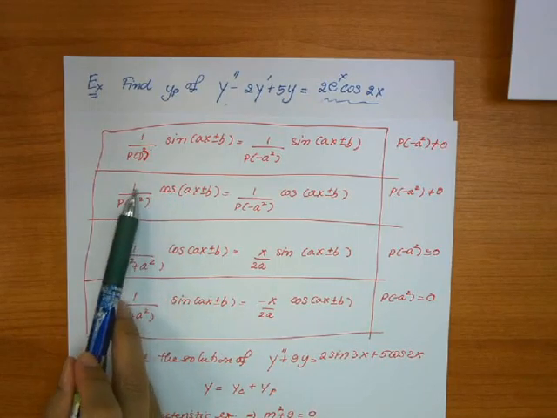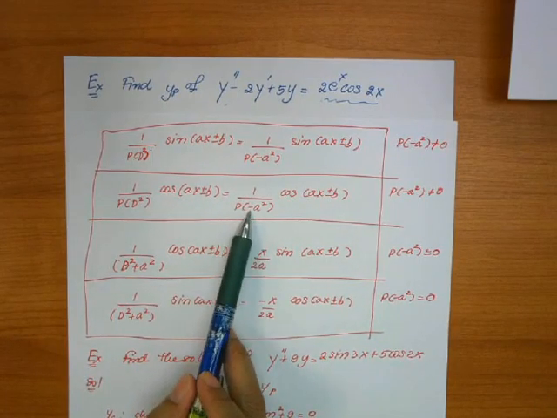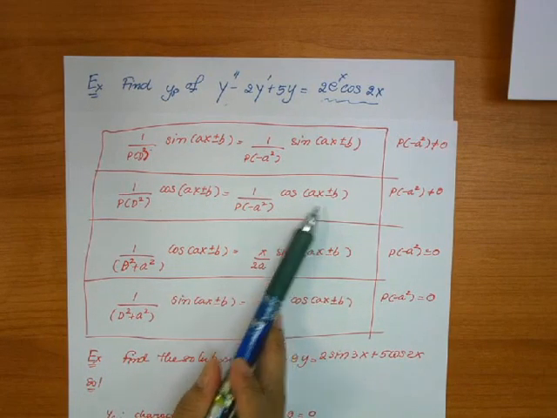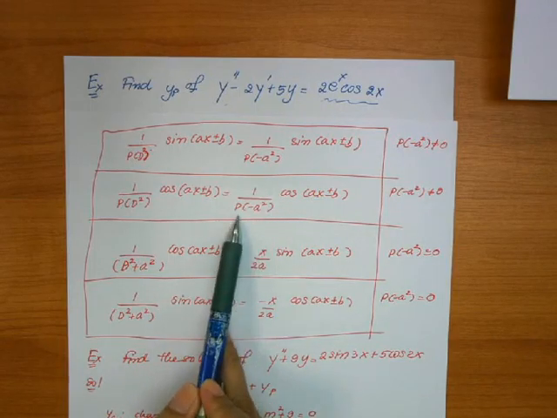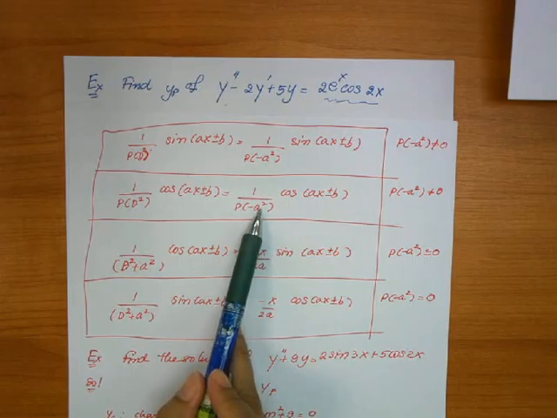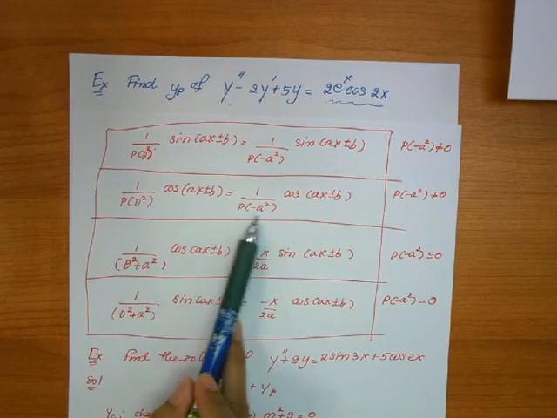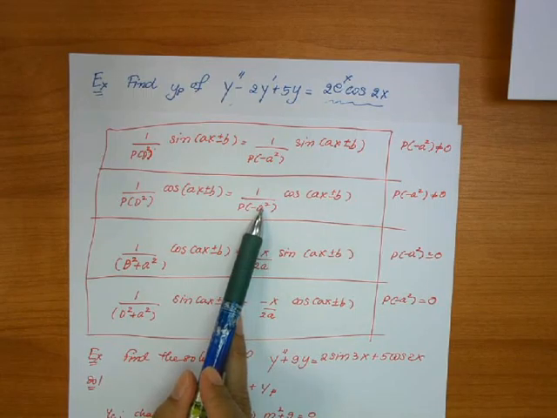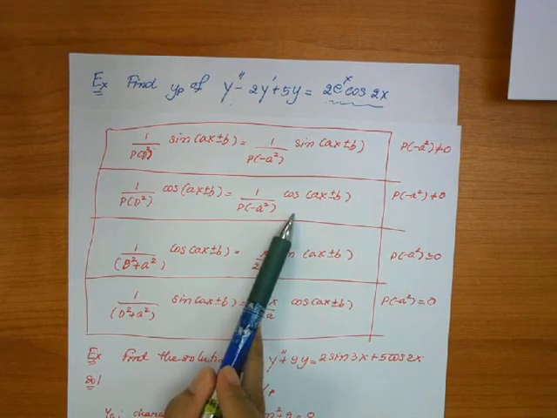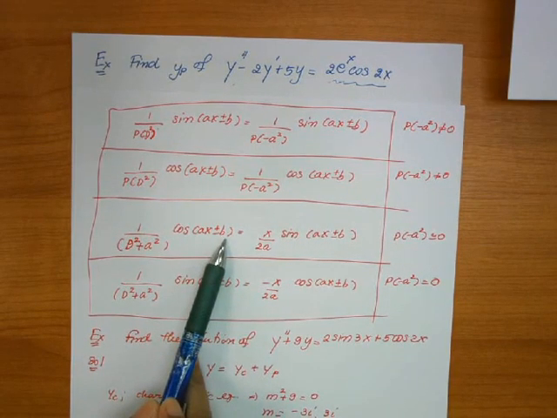But 1 over P(D squared) cos ax equal to 1 over P(minus a squared) cos ax. But now this term, after we plug the value of minus a squared into D squared, we found that it's equal to 0. If it is equal to 0, we cannot use this formula. We have to use this one, right?